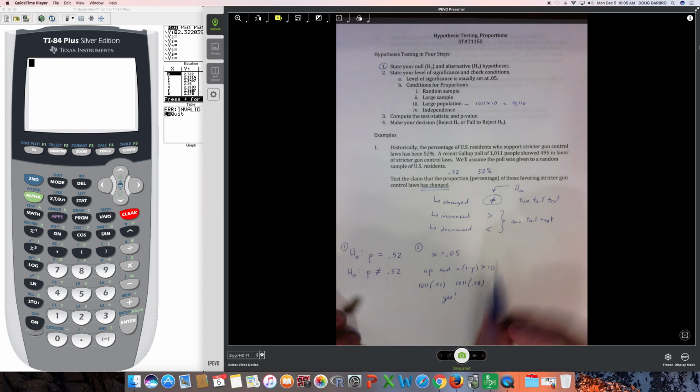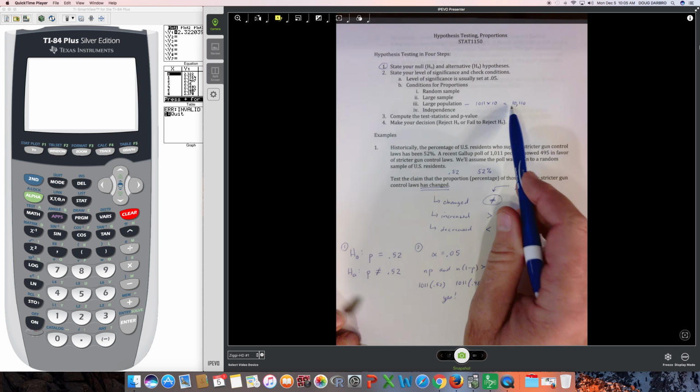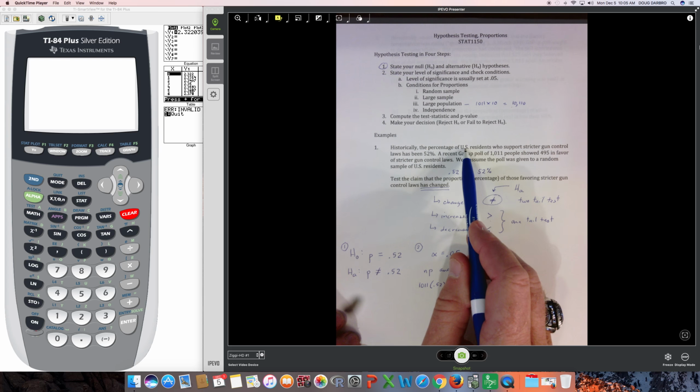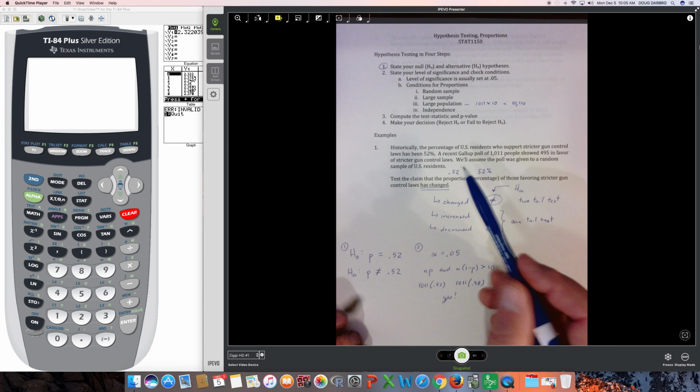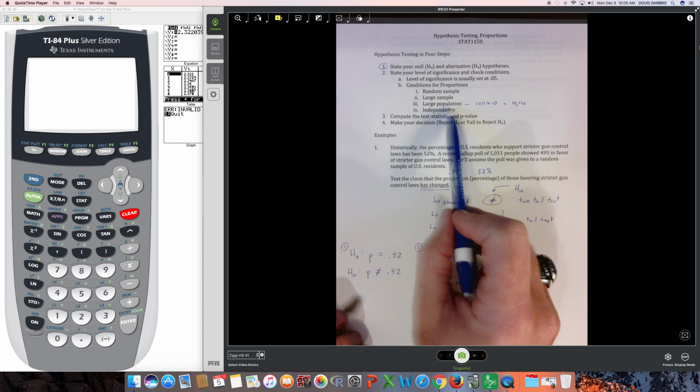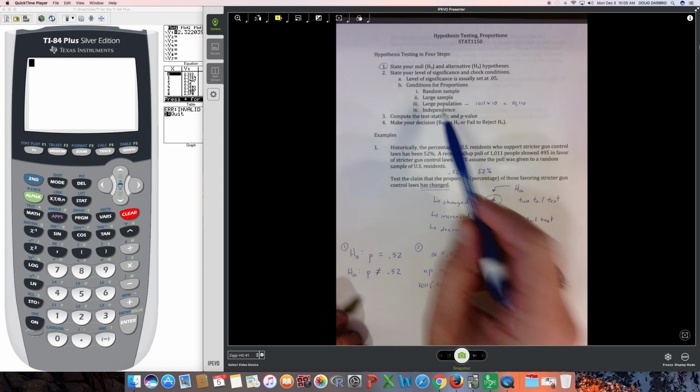Well, clearly there are more than 10,110 U.S. residents. I think in terms of U.S. residents, we're up around 300 million. So the large population condition is satisfied.